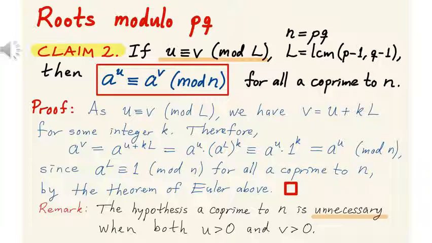So by Lagrange's theorem, the order of a is a divisor of L, and therefore the powers of a repeat with period equal to the order of a. So when the exponents are congruent modulo L, they are necessarily congruent modulo the order of a, and therefore the powers are the same in the group U_n.